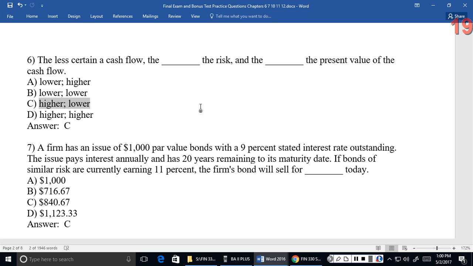So, okay, all this is saying is we're talking about risk, and it has lots of definitions in finance, but risk is the certainty of receiving the cash flows from an investment. So this is saying the less certain that you are of receiving a cash flow from an investment, the higher the risk. And the higher the risk means we're going to use a higher discount rate when we're calculating the present value. So all this is referring to is simply this part.